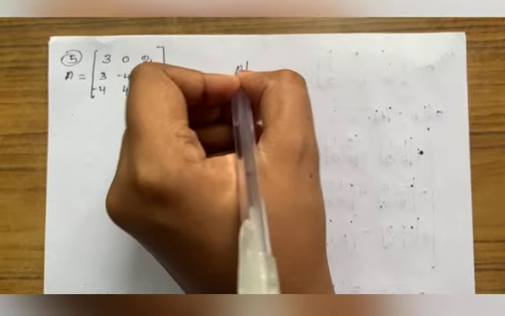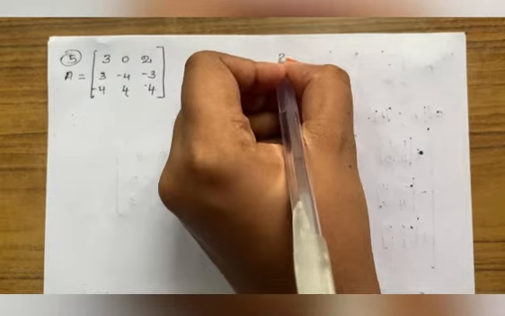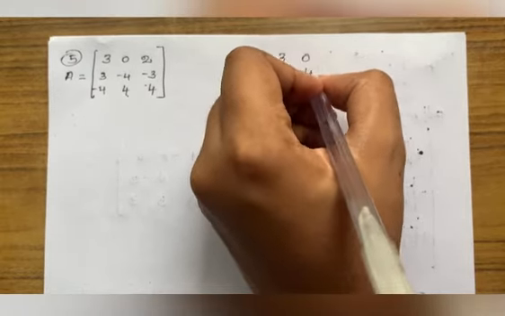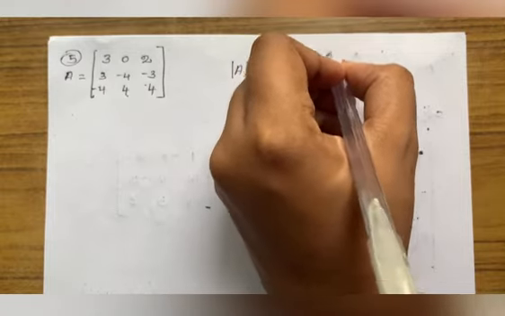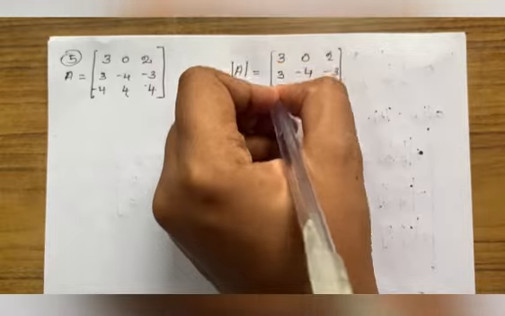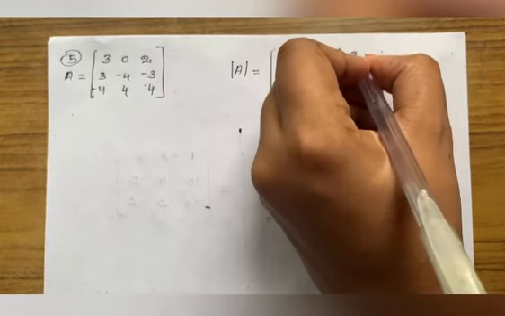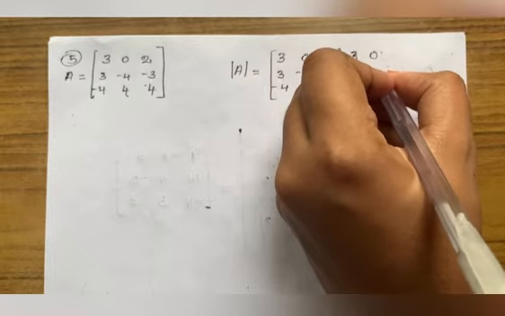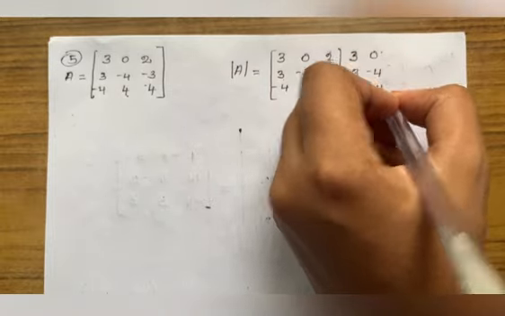Okay, so the determinant of A is, first write the actual matrix, and then I'm going to write the first 2 columns. So 3 minus 4, 0 minus 4 plus 4.